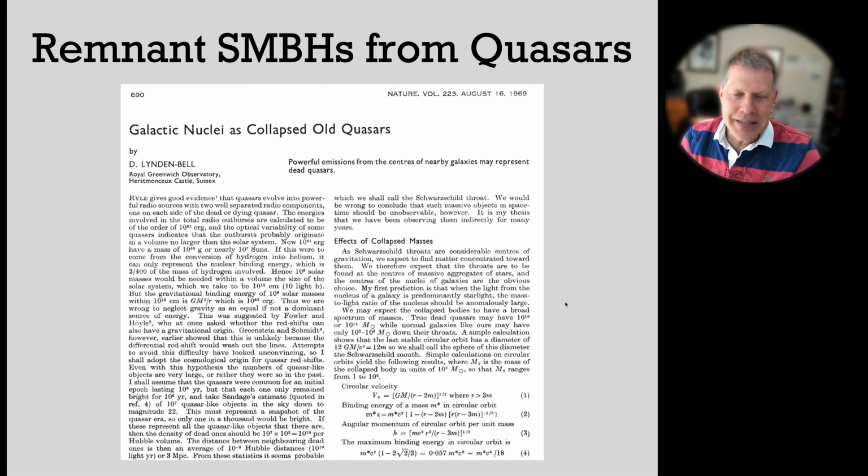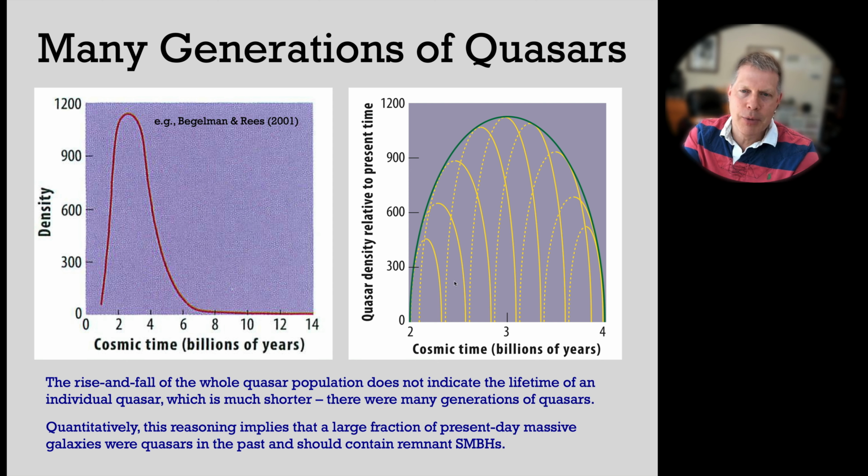These ideas have been with us for a long time. So this is a very important insight from quasar evolution: there have been many generations of quasars coming and going, and so many supermassive black holes should have been generated that in your typical massive galaxy, you have every reason to expect there should be a supermassive black hole, as was found later on. These predictions were made well before we knew that was the case.